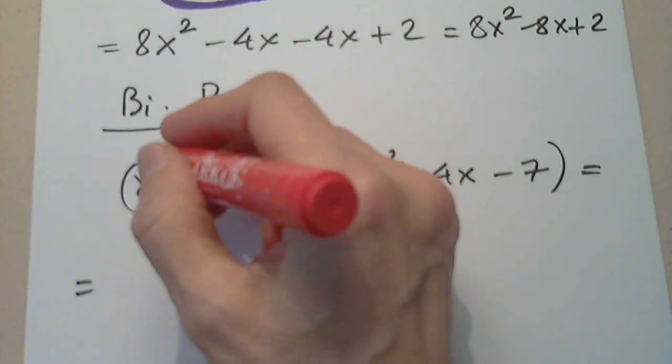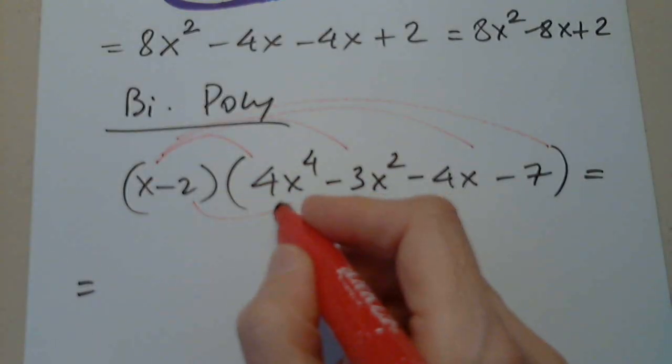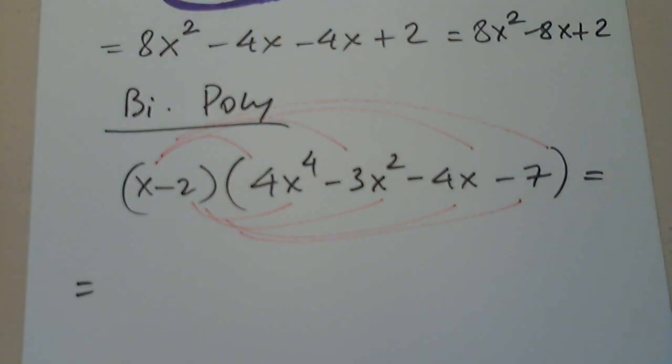I'm going to distribute x to these 4 terms. And of course, I'm going to distribute -2 to these 4 terms. So initially, I will get 8 terms. Hopefully, they will collapse into a much condensed form. Remains to be seen.